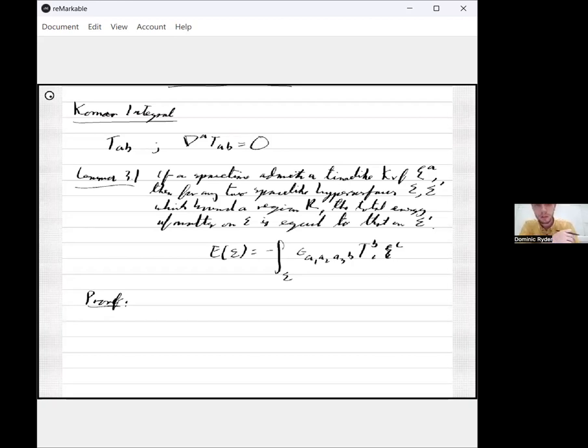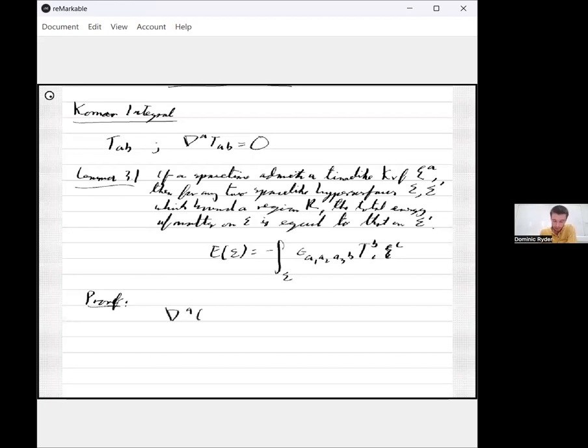Is that the question? I think I'm requiring it to be time-like everywhere. But I'm not sure that's used anywhere in the proof, so maybe we can think about that. I'm going to be integrating this over, but yeah, I'm going to want it to be time-like everywhere, I think. Okay.